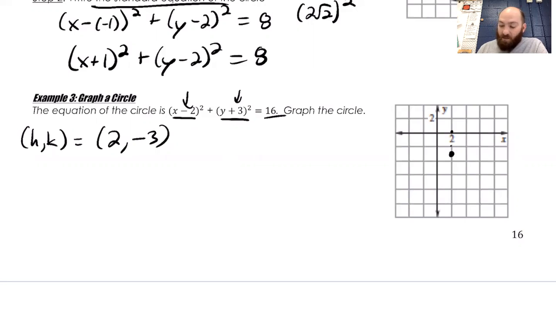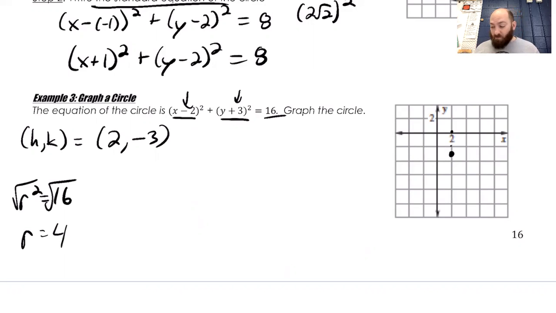This 16 is my R squared. So R squared is equal to 16. I need the radius here for the rest of the graph. So I'm going to square root both sides, and I get 4. That means from my center, I can count 4 in any direction to create the radius and help draw the actual circle out.